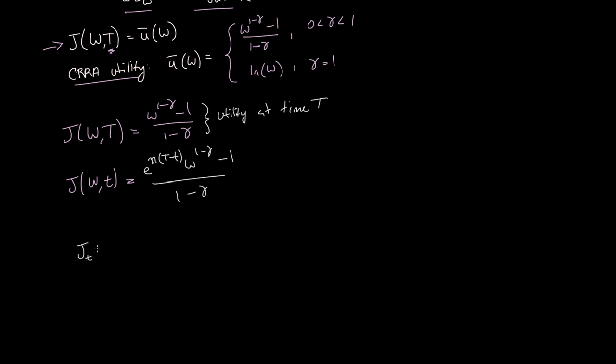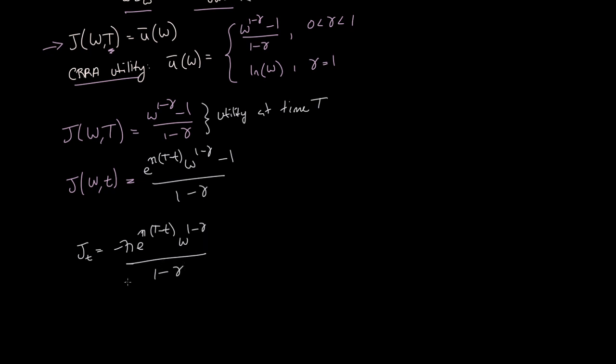Let's start with taking these derivatives, and then we can compute the fractions. J_t is the derivative with respect to t, and we get a minus eta out of the chain rule: minus eta e^(eta(T-t)) W^(1-gamma) over 1 minus gamma, and everything else is the same.